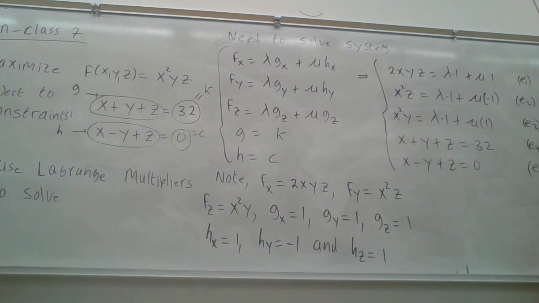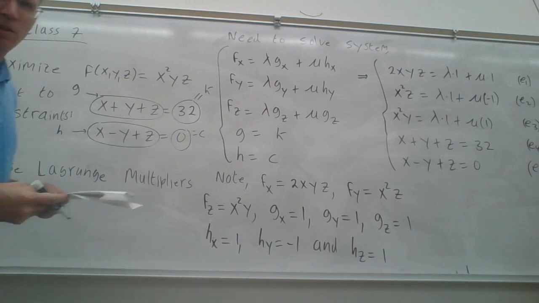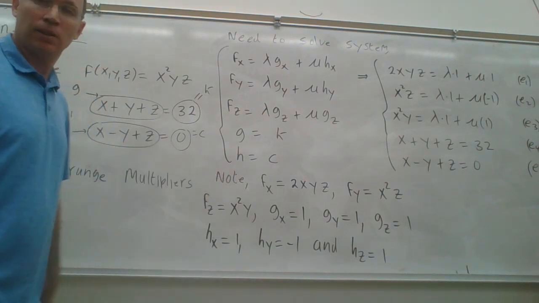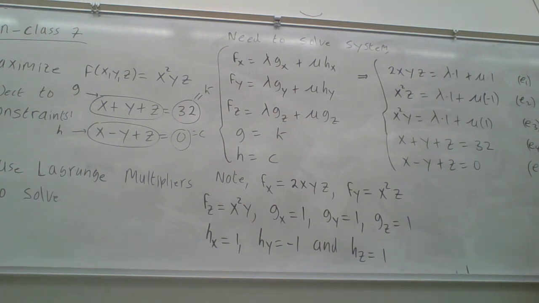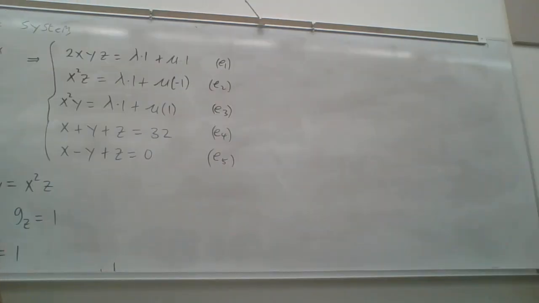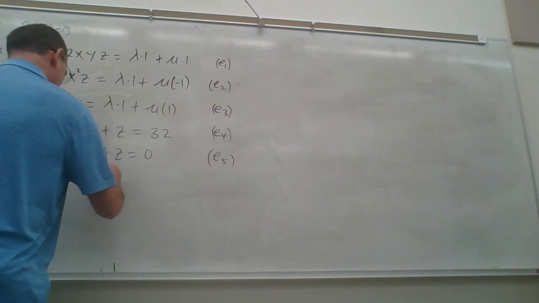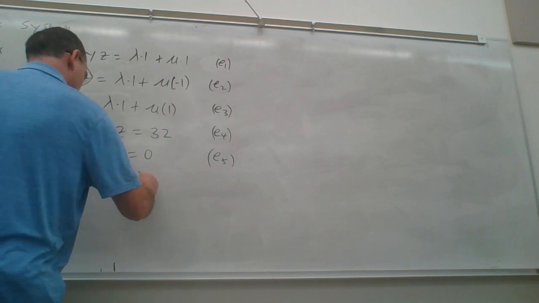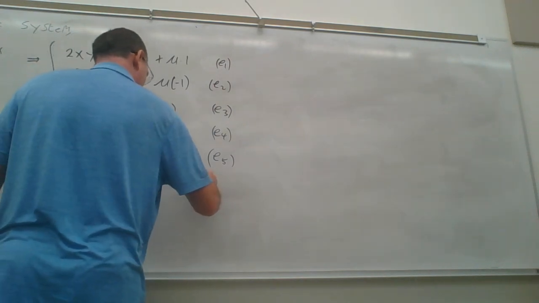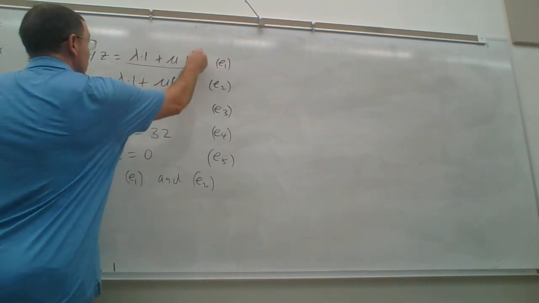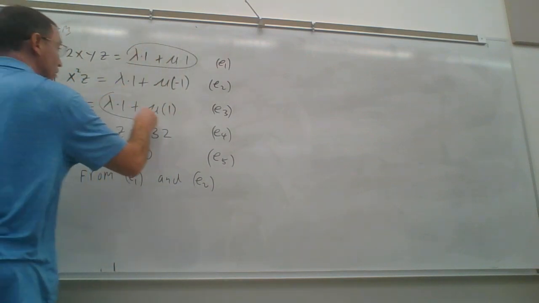Okay, so to try and solve the system then, let's make some observations here. So note here, from equation 1 and equation 2, notice they both have lambda plus mu here and here.